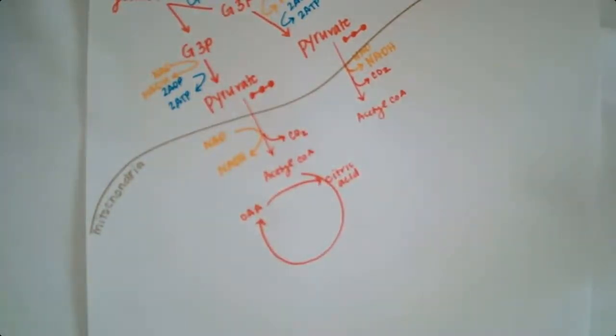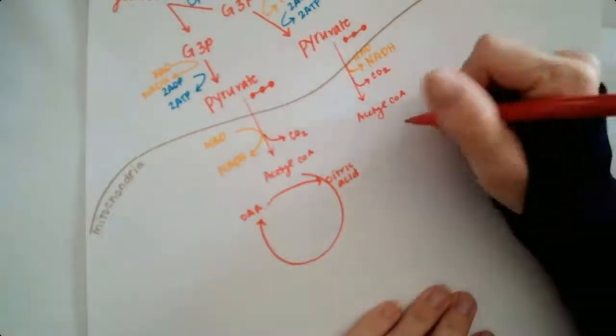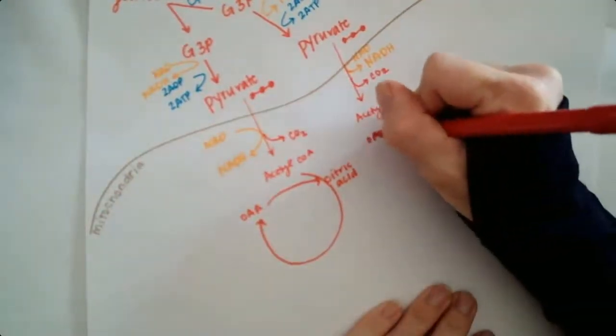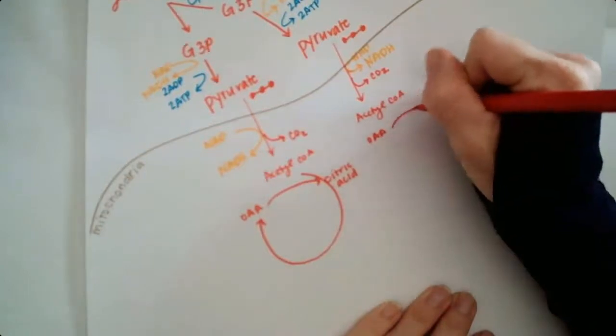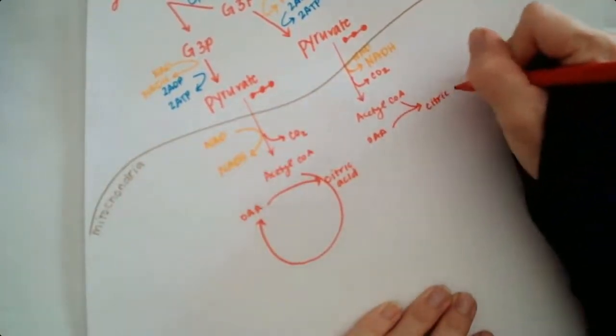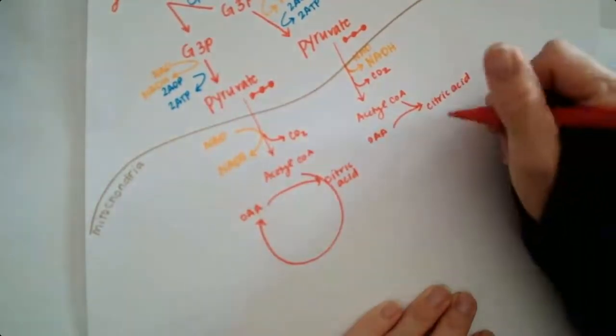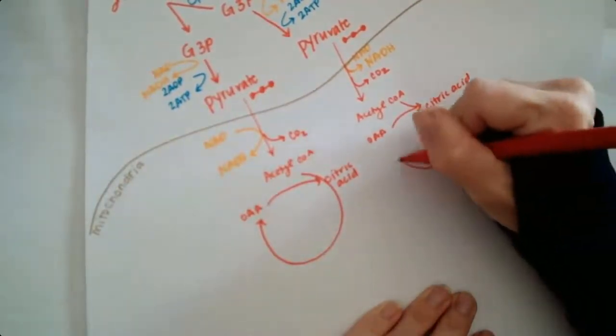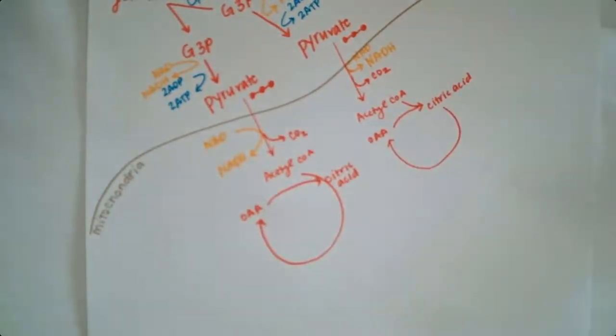The Krebs cycle is also known as the citric acid cycle, and it starts when oxaloacetate, or OAA, combines with acetyl coenzyme A and forms citric acid.